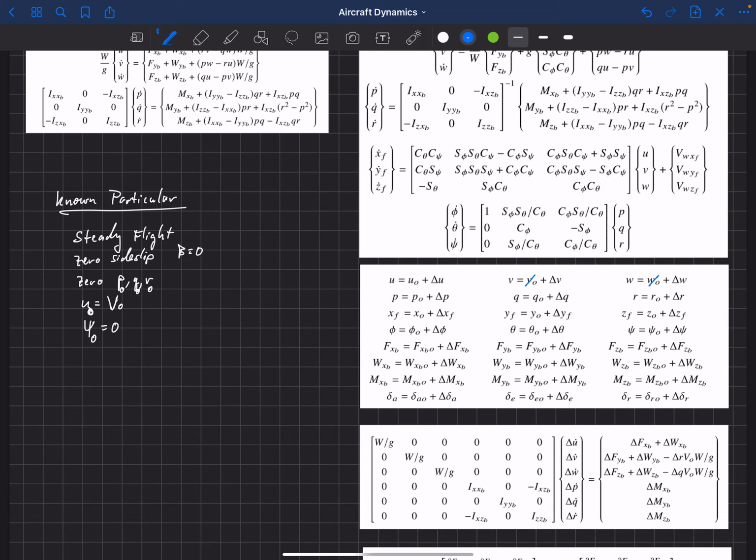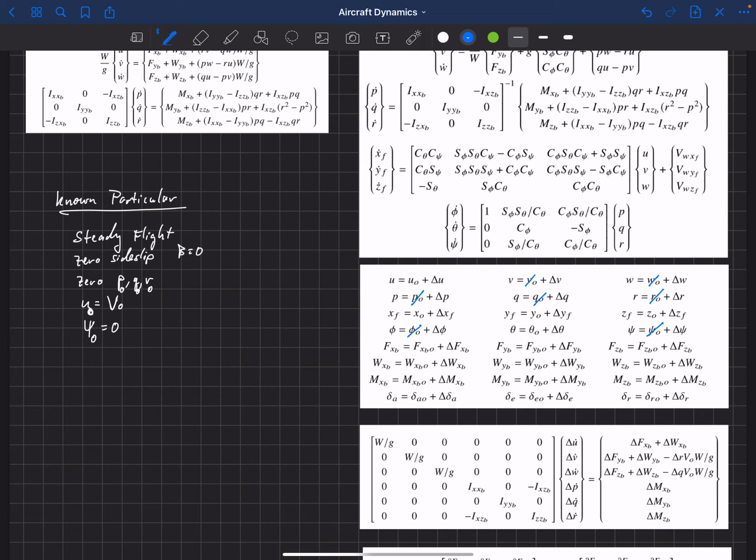P naught, Q naught, and R naught are all 0 because we said that our rates are 0. And then phi naught, our bank angle, is 0, so we're looking at steady flight without any bank angle. And psi naught is 0 because we're aligning our aircraft with due north for our trim condition.